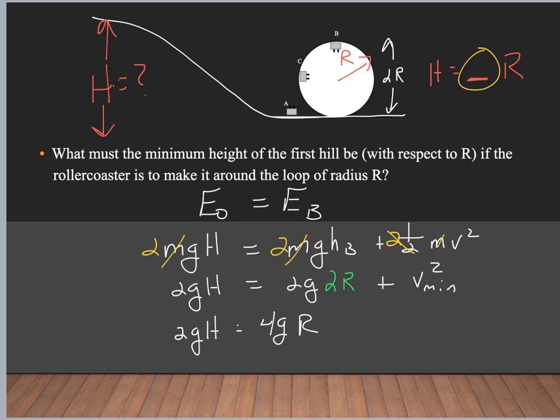All right, so notice I just got the potential energy in terms of the radius of our loop. So now we're going to get the speed in terms of the radius of our loop. Because we know that Vmin is the square root of gr. We're squaring that. So the square of a square root here would just be gr.